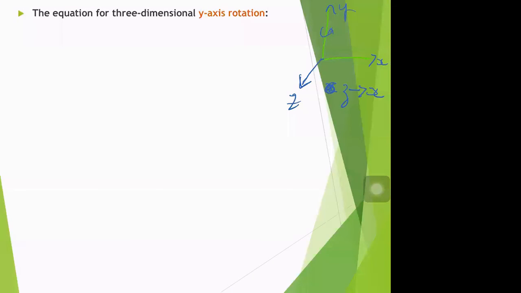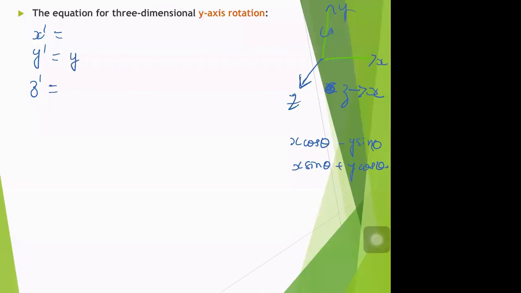Right, as it is x dash, y dash, z dash. What was our formula? We will take our basic formula: x cos theta minus y sin theta, x sin theta plus y cos theta. Now which should be constant? Y should be constant because we are rotating with respect to y-axis.